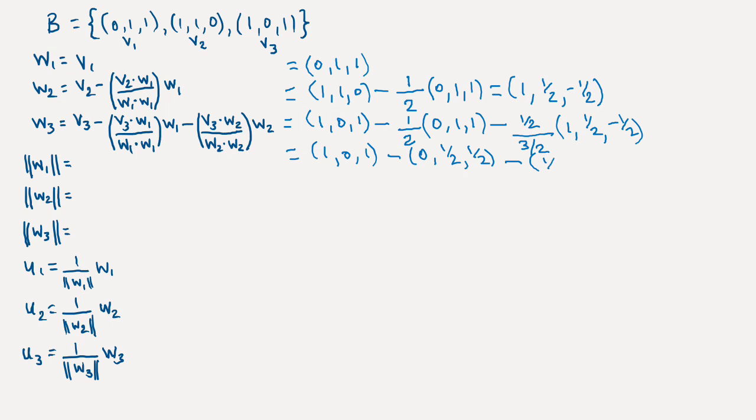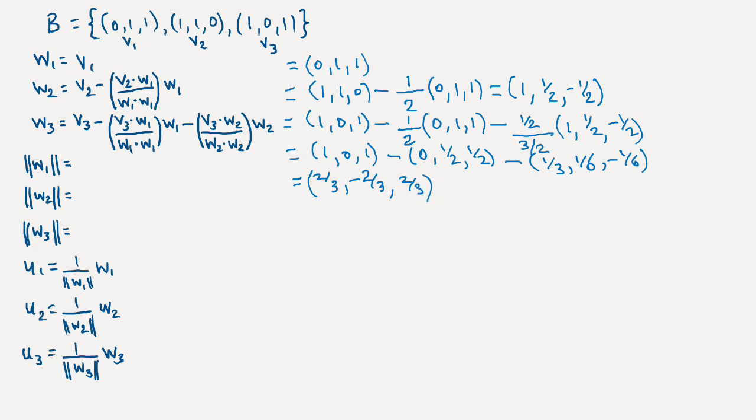So we'll have 1/3, and then a third times a half, 1/6, and then a third times minus a half, so minus a 1/6. Okay, so in the first coordinate we have 1 minus 0 minus a third, so we'll have 2/3. Second coordinate, 0 minus a half minus a sixth, so that's going to be minus 2/3. And then third coordinate, 1 minus a half plus a sixth, so that's going to be plus 2/3.